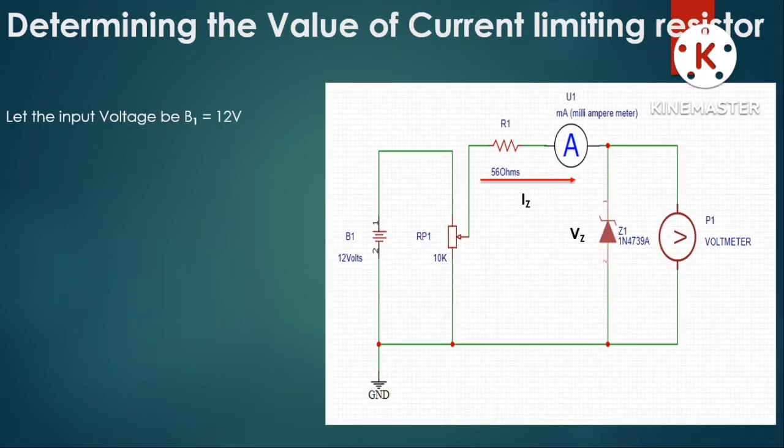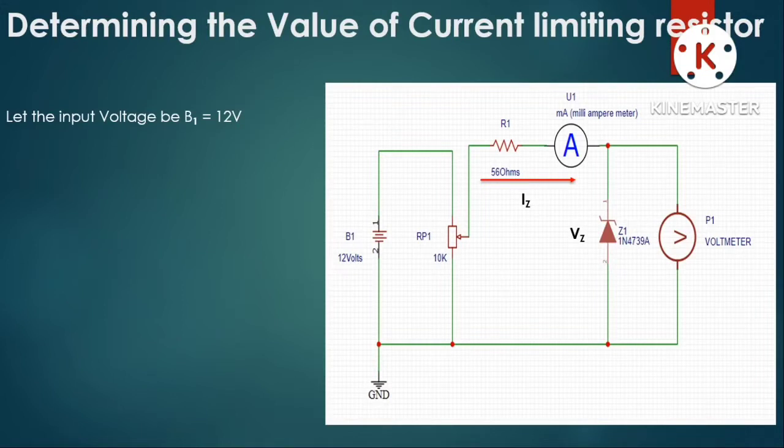Now let us see how to determine the current limiting resistor while conducting the study on reverse biasing of a Zener diode. In order to do that, we need to arrange the components in this fashion, where on the left hand side you have B1, which is the 12 volt source, and on the right you can see we have ammeters, voltmeters, the Zener diode, one current limiting resistor R1, and a variable potentiometer which is directly connected across the source so that we can use it as a variable source.